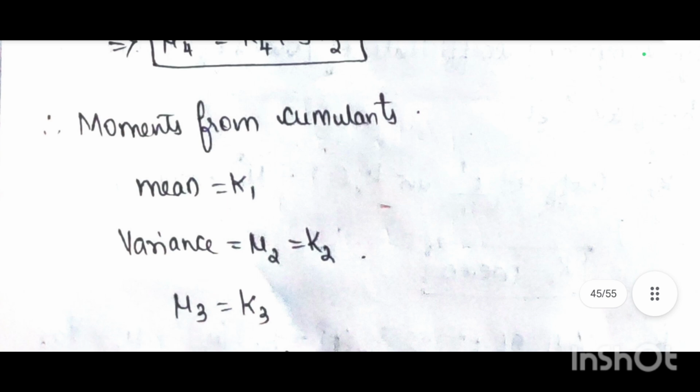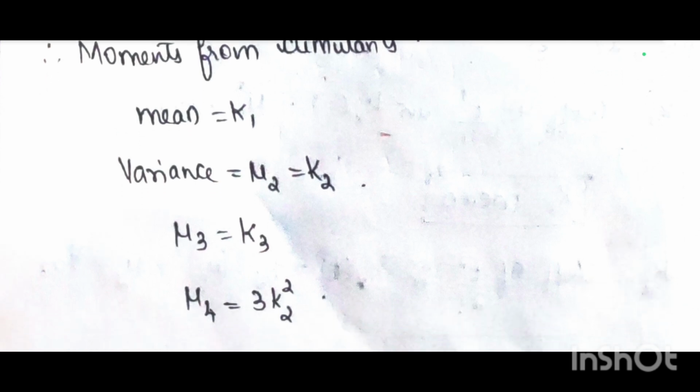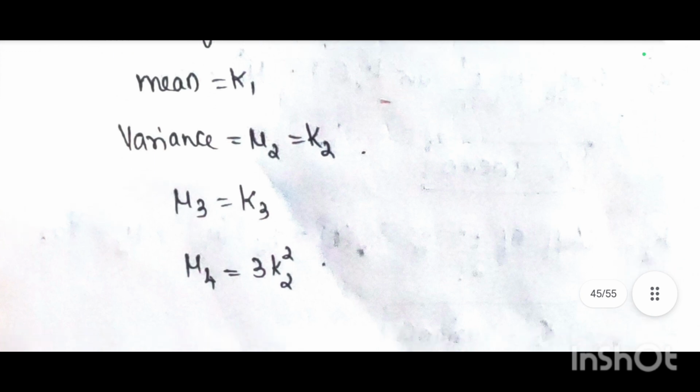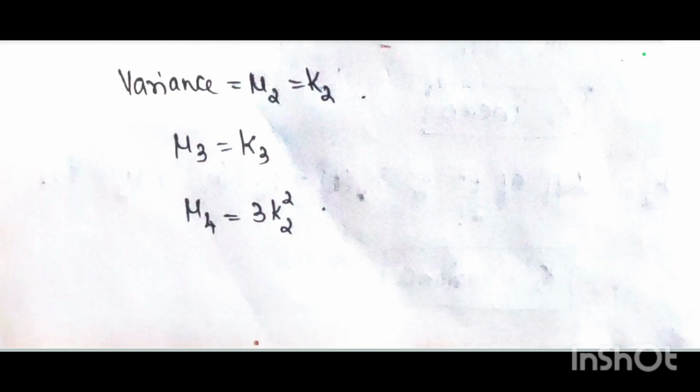So the moments from the cumulants we can observe here: mean equals K1, variance equals mu2 equals K2, and mu3 equals K3, but mu4 is not directly equal to K4. That is, mu4 is equal to K4 plus 3 K2 square.